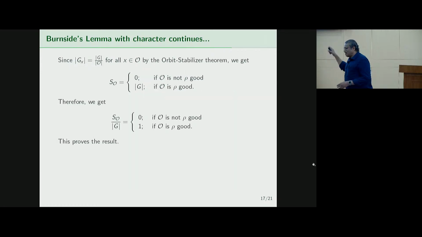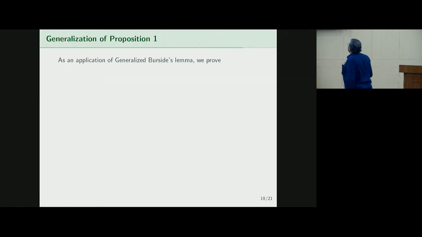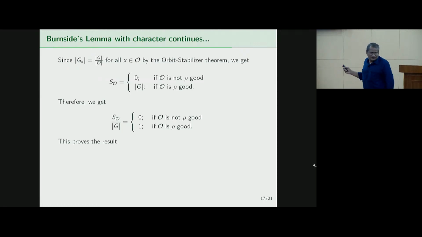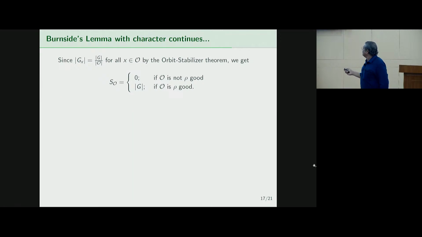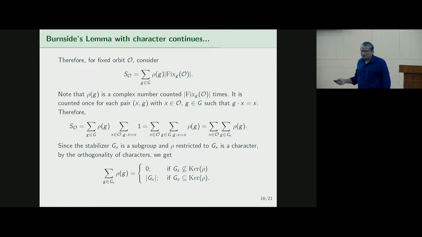I will be applying the original Burnside lemma also here. Because that counts the total number of orbits, here we have a counting function which kills whichever orbit is not rho good. Here it is not L2.